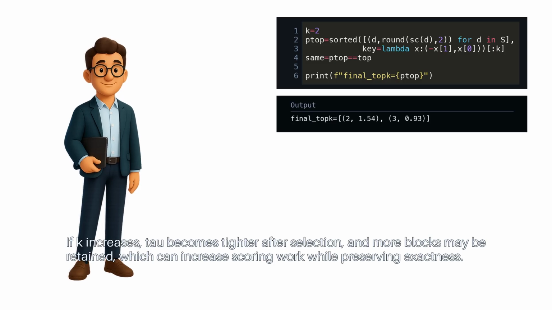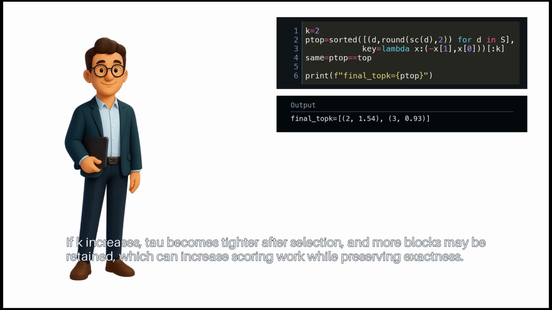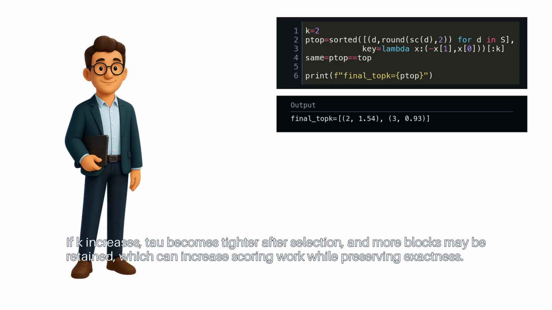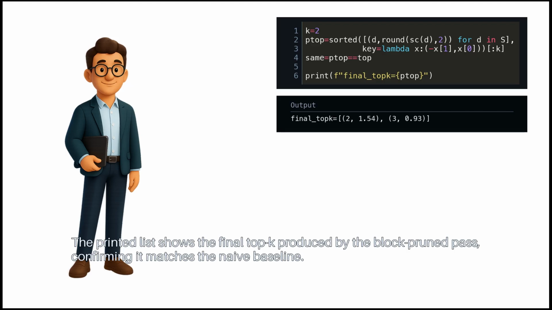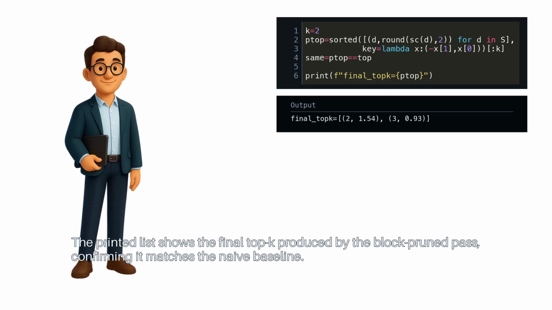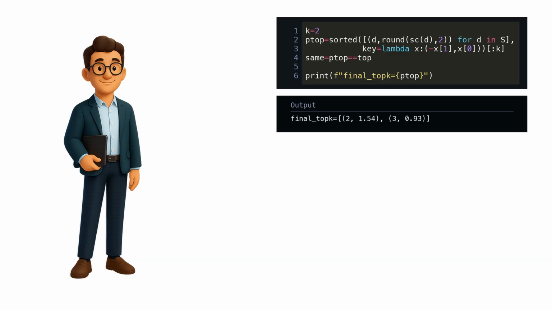If K increases, tau becomes tighter after selection, and more blocks may be retained, which can increase scoring work while preserving exactness. Conversely, decreasing K often strengthens pruning. The printed list shows the final top K produced by the block pruned pass, confirming it matches the naive baseline.